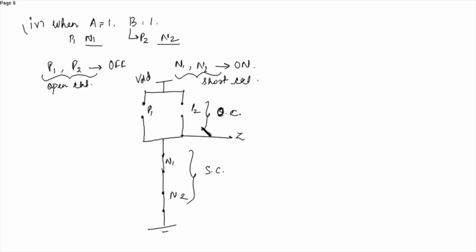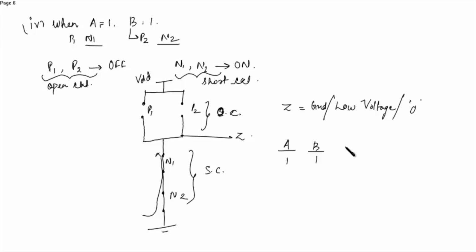Now the output obtained at Z will be driven from ground. So the output Z will be equal to low value or low voltage, or you can say 0. So when A is equal to 1, B is equal to 1, the output obtained will be 0.